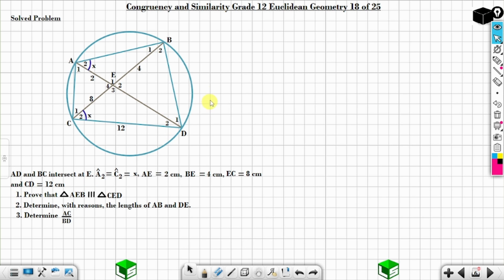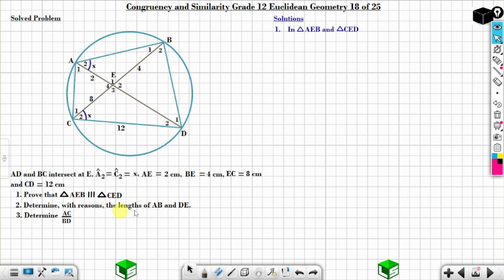Now question 1. Prove that triangle AEB is similar to triangle CED. So we have to work in these two triangles. In triangle AEB and CED, we are going to work in these two triangles.